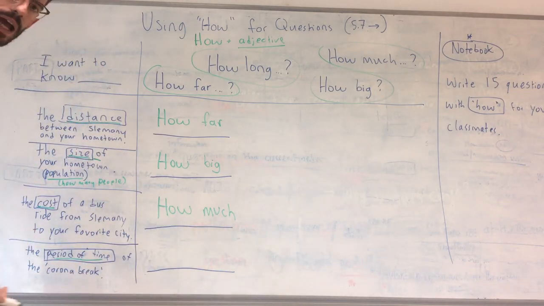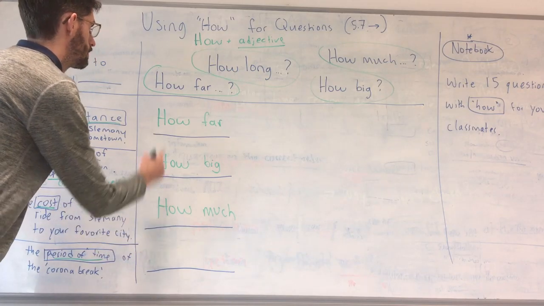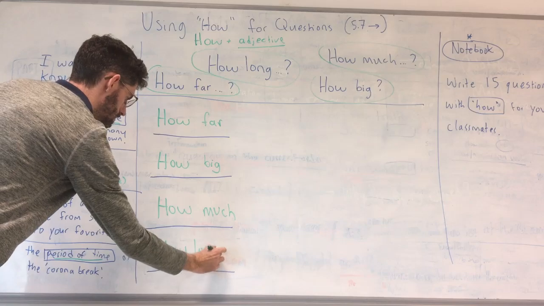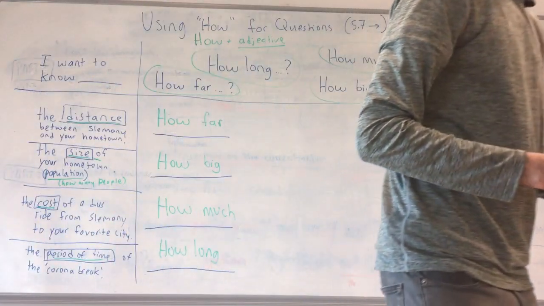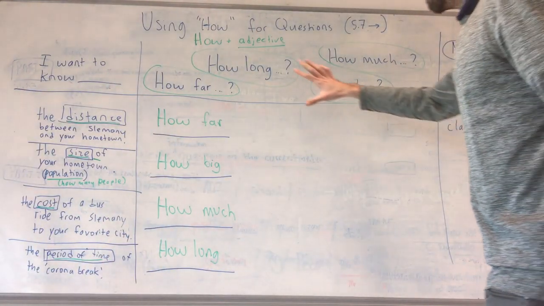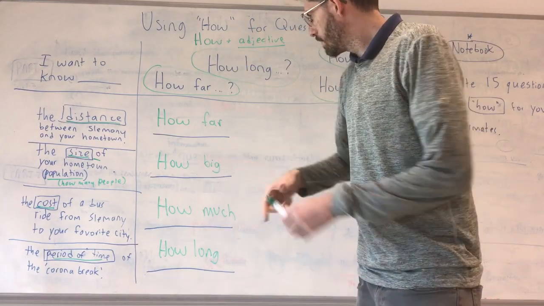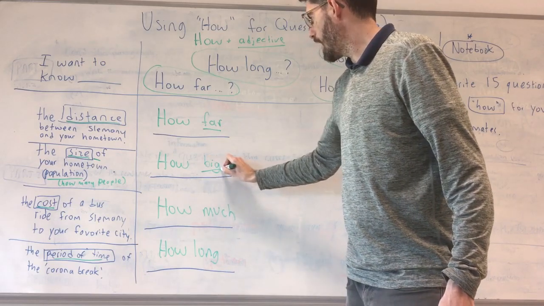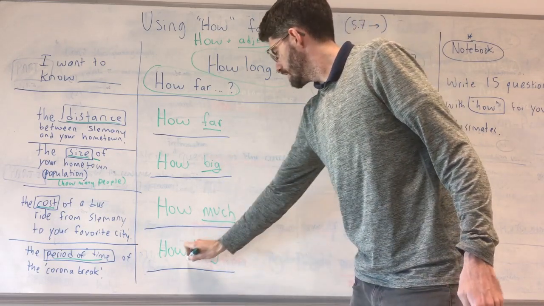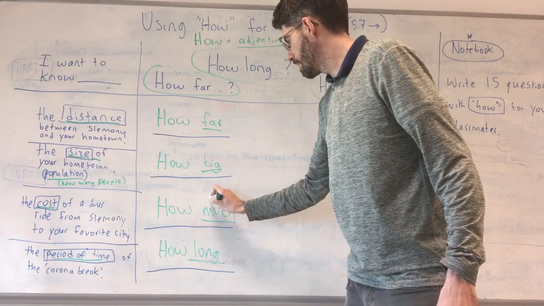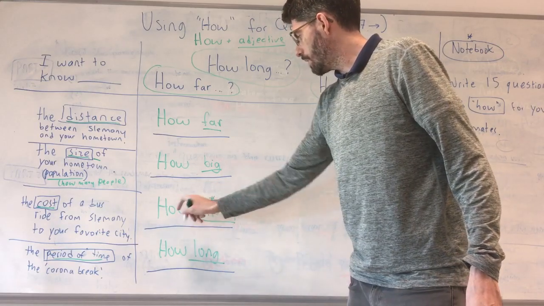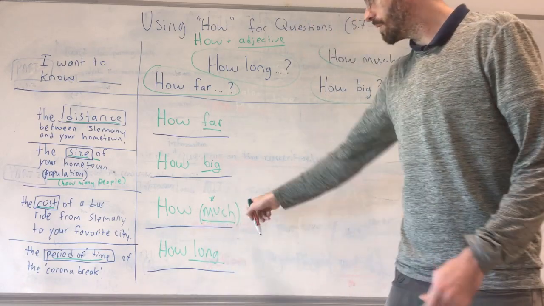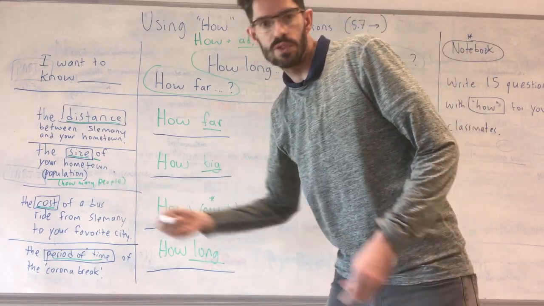And period of time, how long. Okay. And this is how we start the question. So you can see we have adjective after the word how. Now how, question word, how much has a different meaning, okay? But it's about the cost of something.